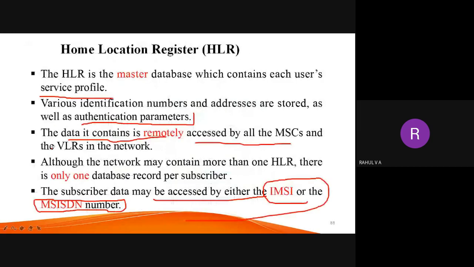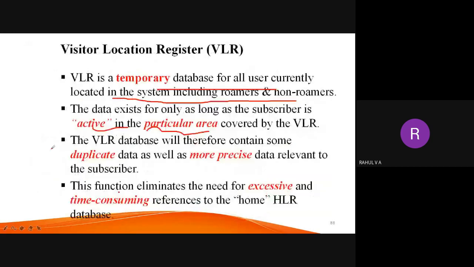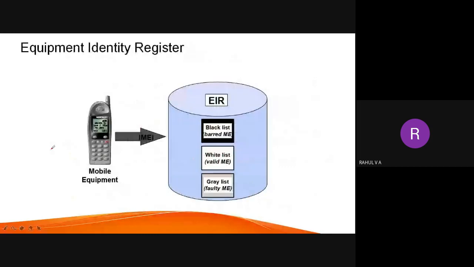Okay, so that is about HLR and VLR. If you just go through two or three points about all these devices, HLR, VLR, etc. And the next one is the equipment identity register.